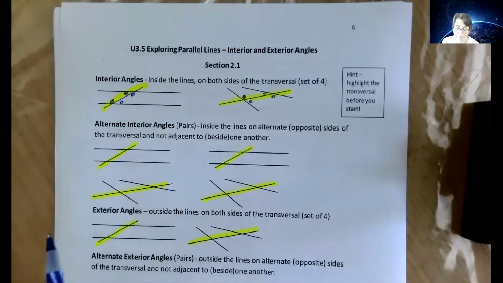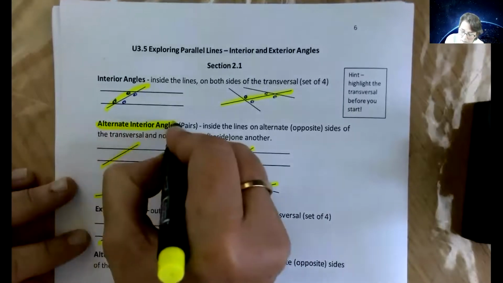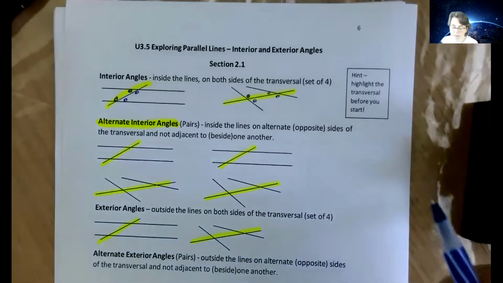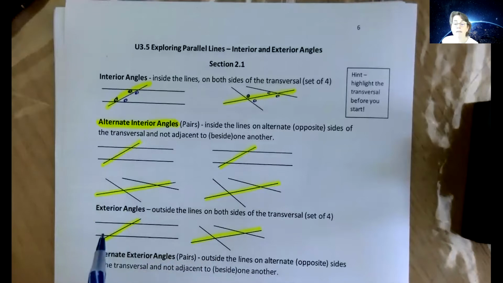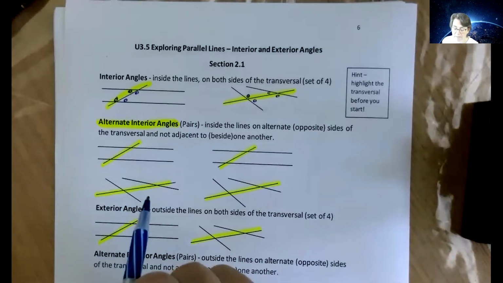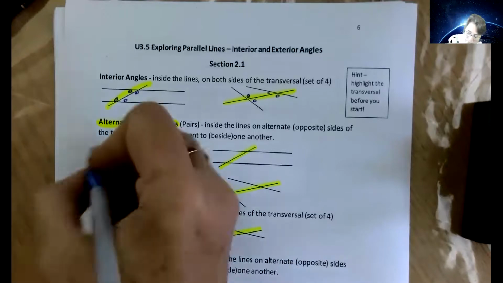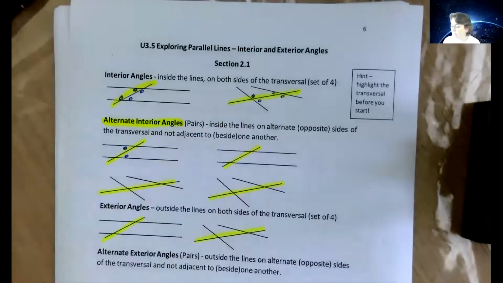Now, the ones that really get interesting, and we're going to be using for a lot of this chapter, are what are called alternate interior angles. So alternate means on opposite sides of the transversal, which I highlighted, and they're also not adjacent or beside one another. So there'll be one here and one here.